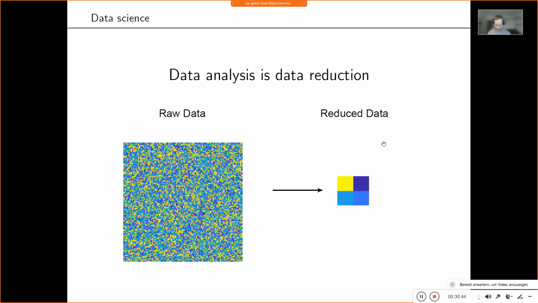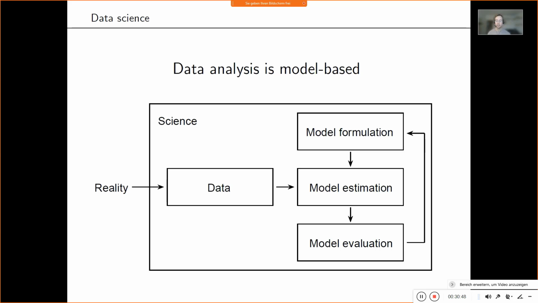The other thing that, from my perspective, is the case for all data analytical methods is that they are model-based. This data reduction step is never done in an objective, data-driven, model-free, let-the-data-speak-for-themselves way.